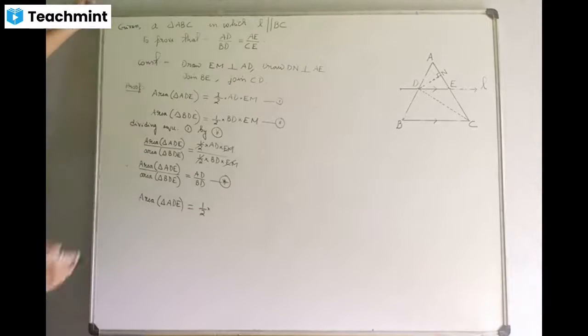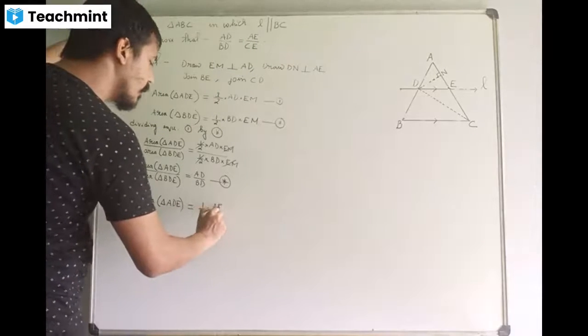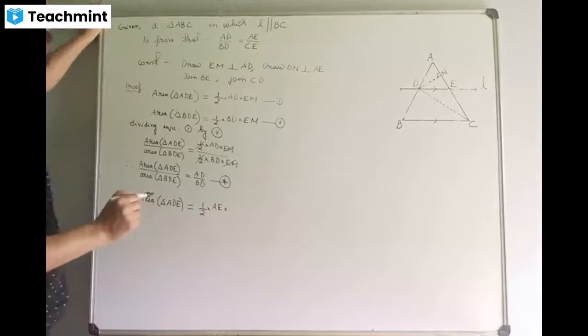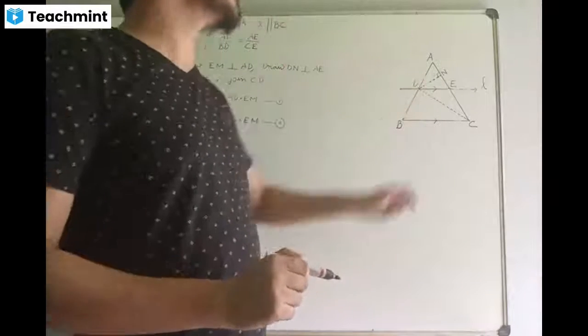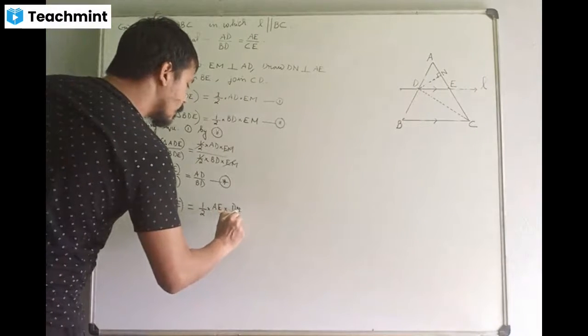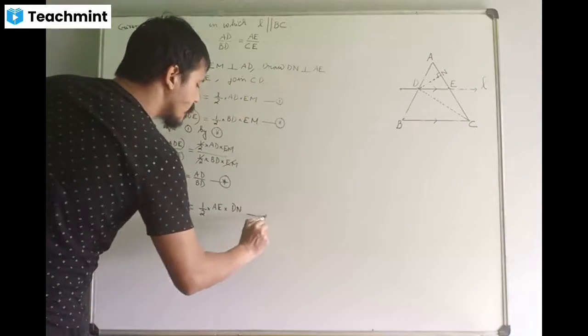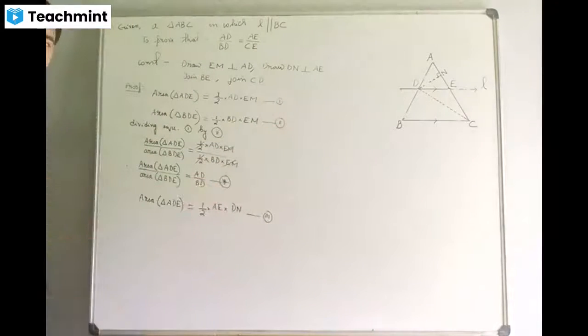But this time, the base is going to be the side AE. And if AE is the base, then there is a line perpendicular to AE, which is DN. So DN is going to be the height. So that is equation number 3. Equation 1, 2, this is 3, this is star, okay?